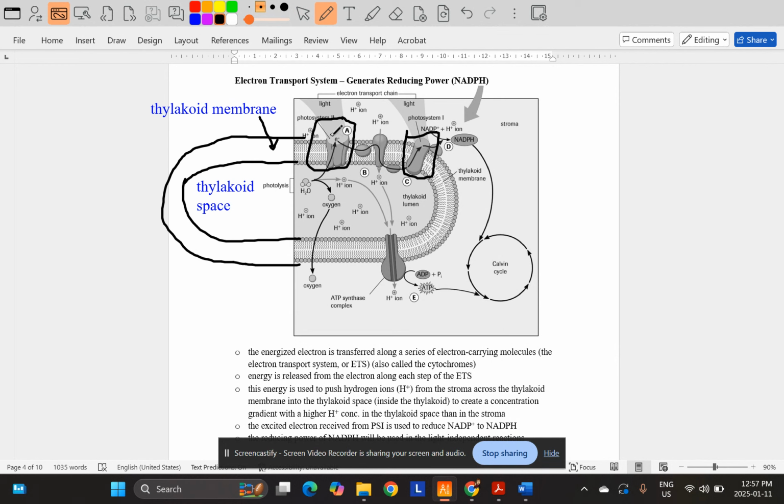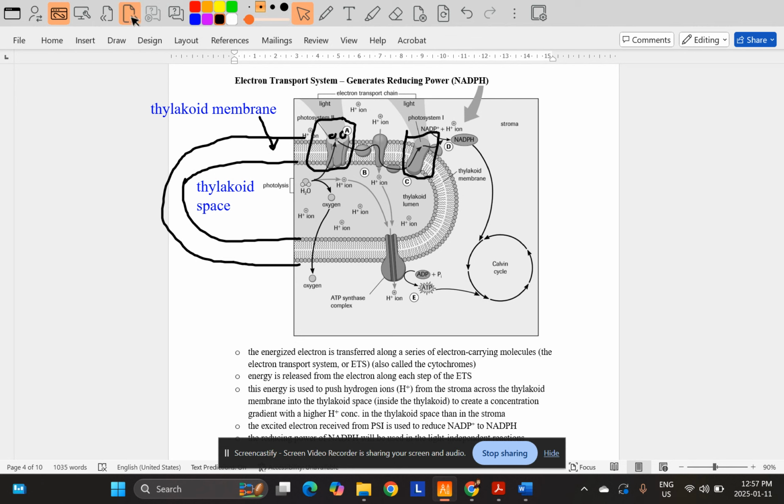This is that last diagram, all those little circly things. Those are the chlorophyll molecules, and within them are electrons. And again, when those electrons get excited, they're then passed through in the membrane. There are a series of electron transporters, and that's why we call this an electron transport chain, ETC, ETS.